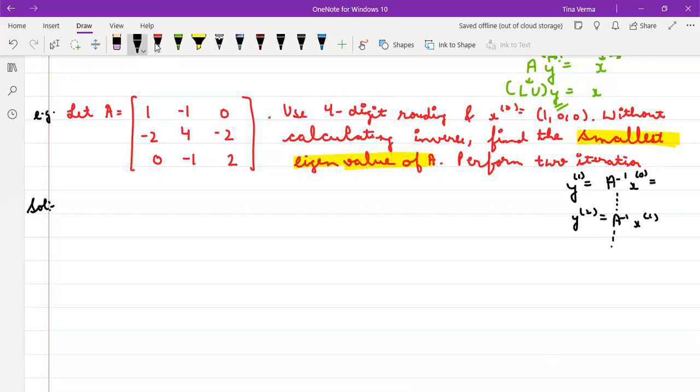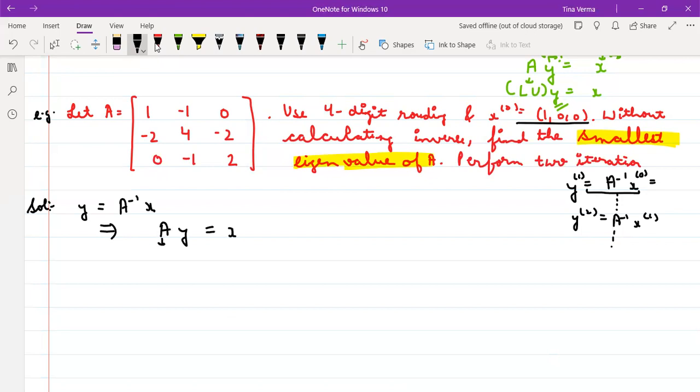So the A matrix is given to you, and the initial vector is given to you, that is 1, 0, 0. Since we have to do this iteration, y will be A inverse into x. So what we can do is write A y = x.